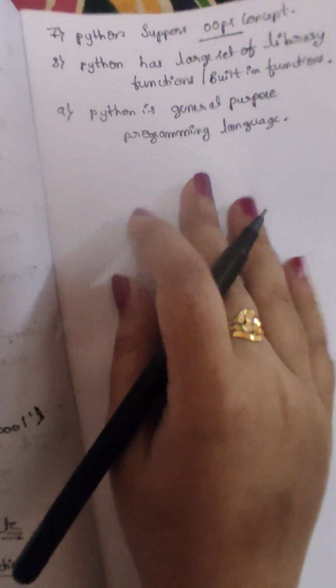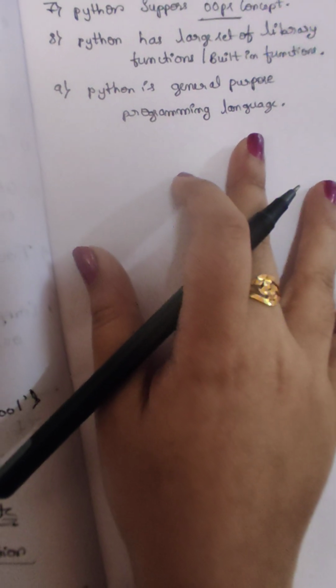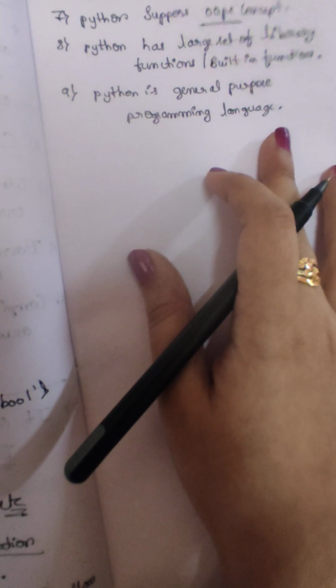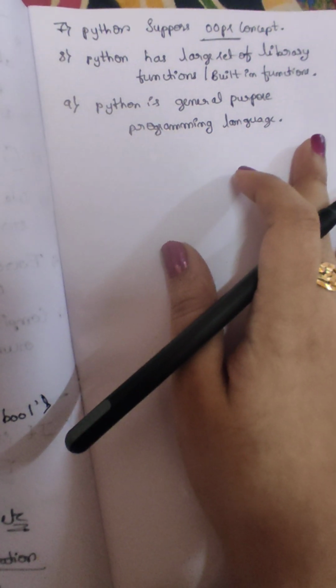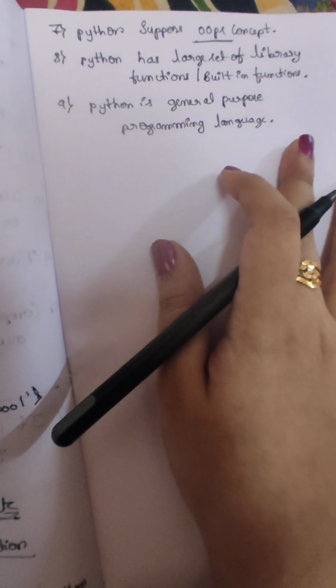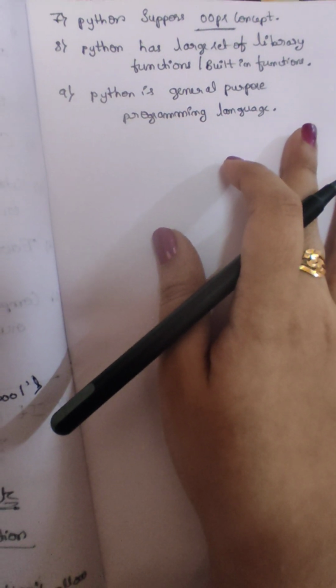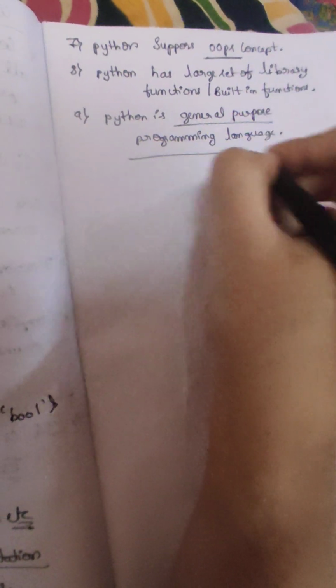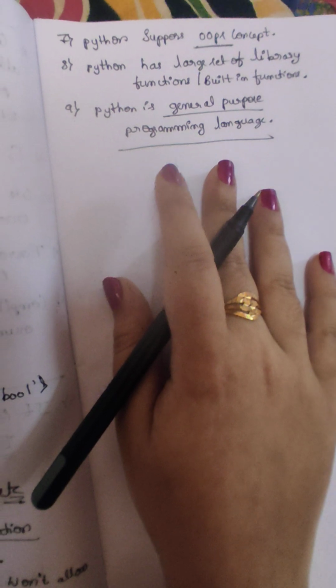Here Python is booming. We are using Python everywhere: software development, application development, web development, Internet of Things, machine learning, data science, artificial intelligence. Nowadays everywhere we are using the Python programming language. So that's why I call it a general purpose programming language.